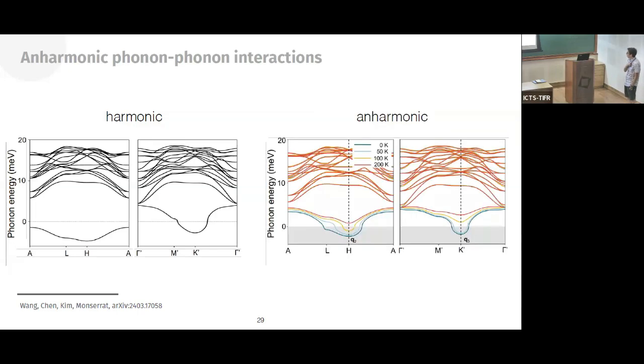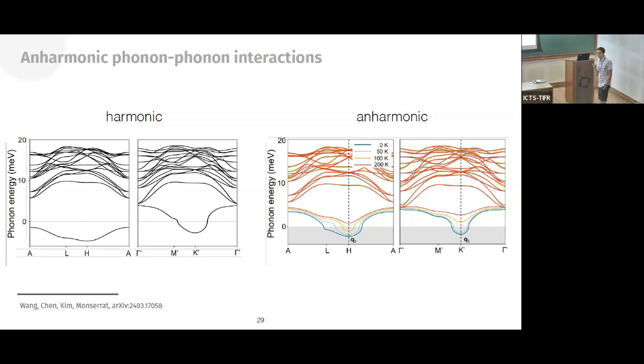So one thing we can do is repeat those calculations, but now incorporating anharmonic phonon-phonon interactions using the methods I described at the very beginning. And we can do that at various temperatures. And we see a few interesting things. First of all, the dark blue curve corresponds to 0 Kelvin.